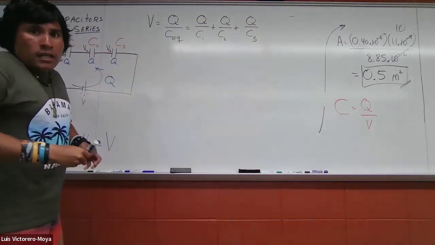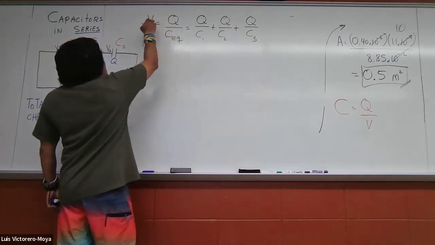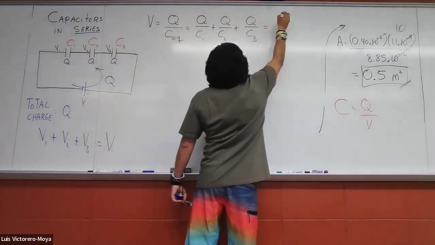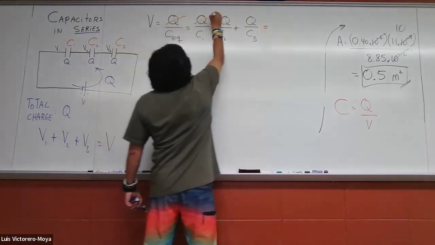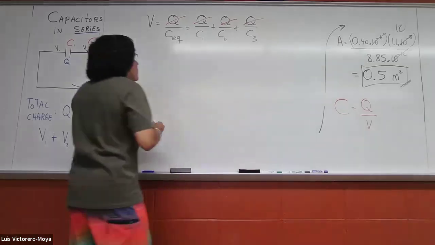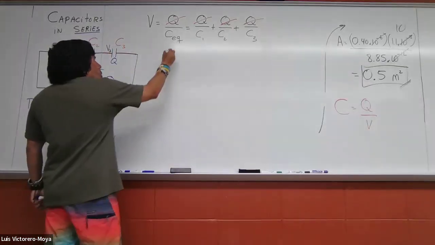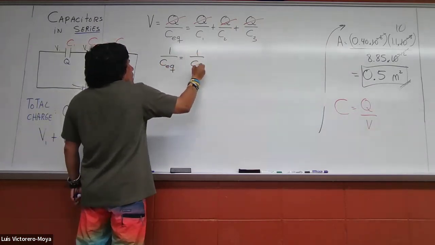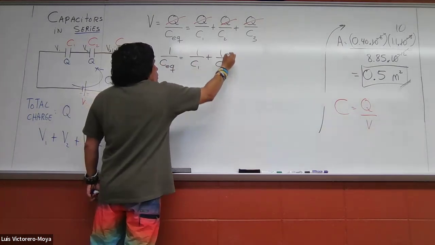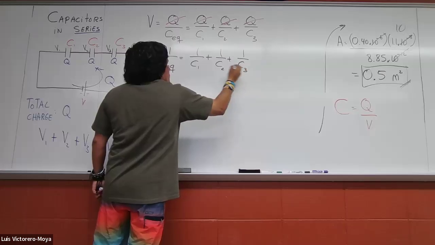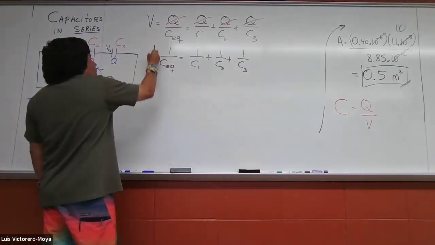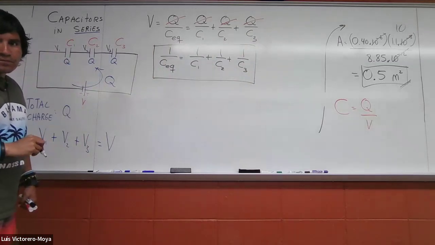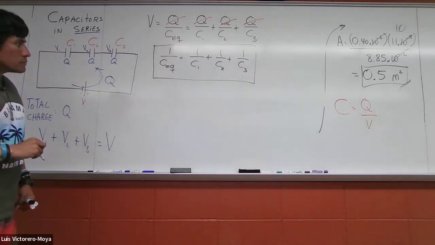So Q cancels. So 1 over C equivalent is equal to 1 over C1 plus 1 over C2 plus 1 over C3. So that's how you combine capacitors in series. All right.